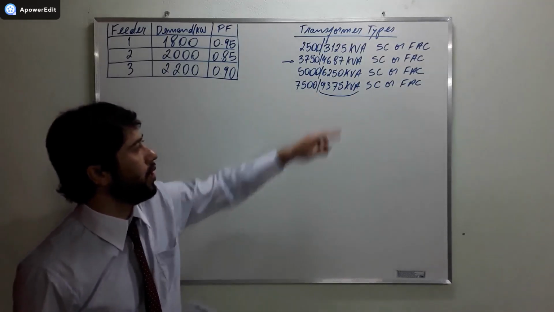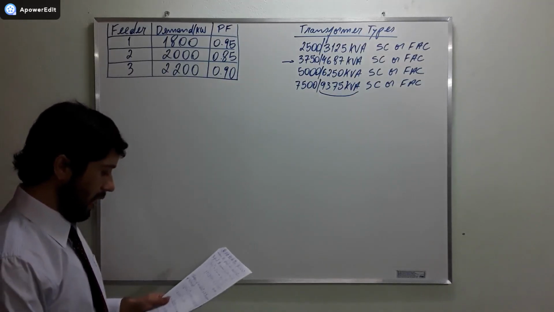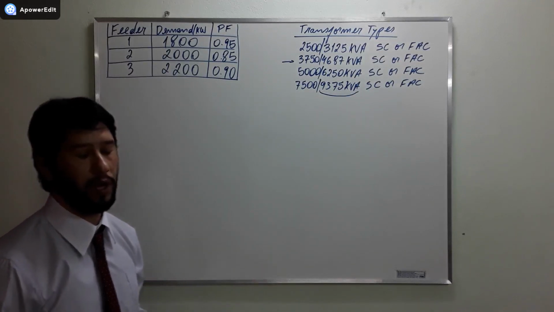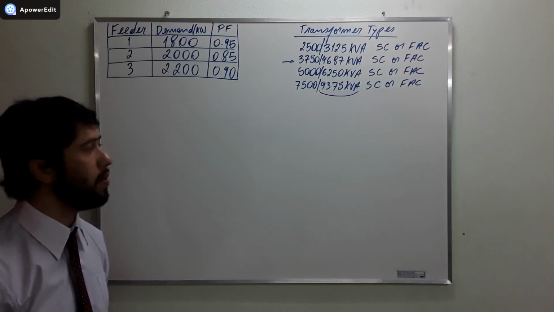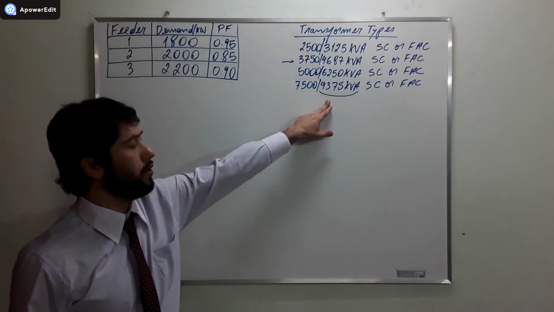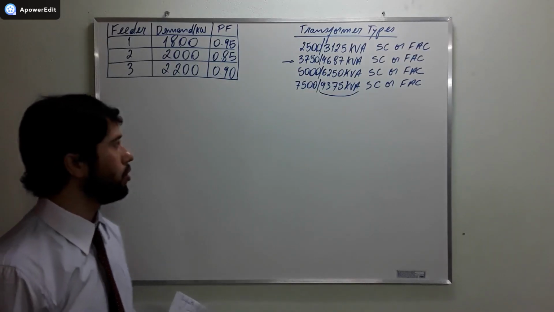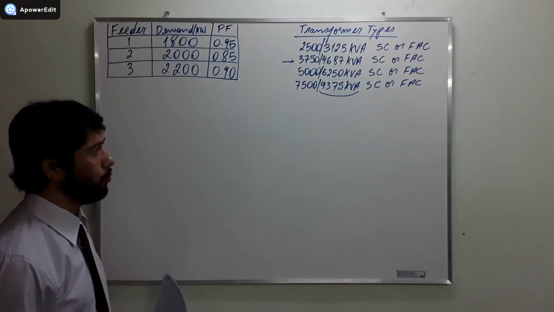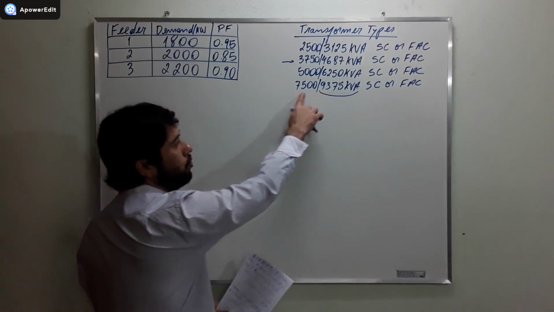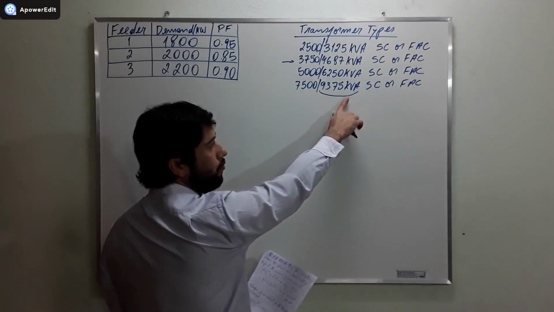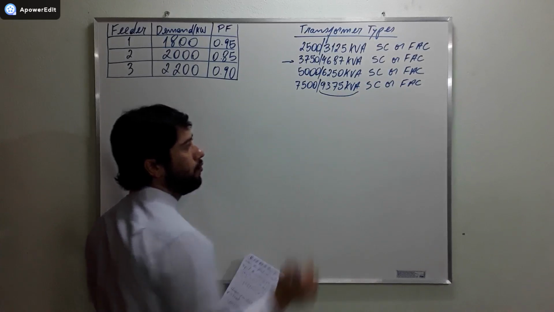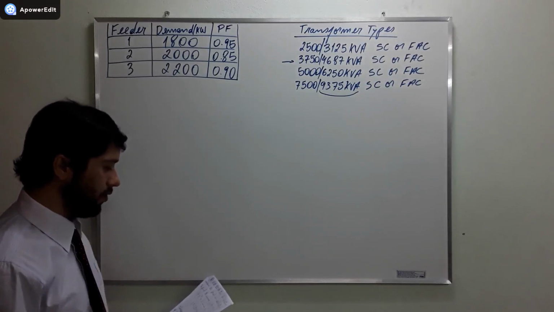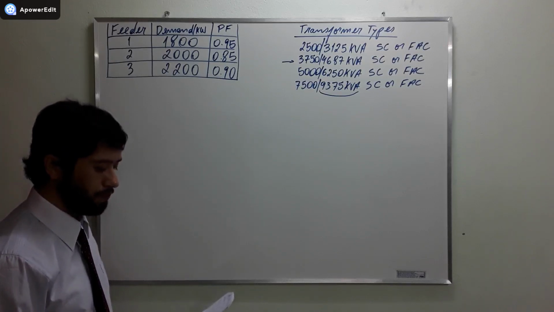We are going to see, as we are dealing with a growing demand, how long will it take for it to be loaded to its full capacity. So note that the term fans on means forced air cooled, while this one is self-cooled. Note that the term fans on rating means the forced air cooled rating.